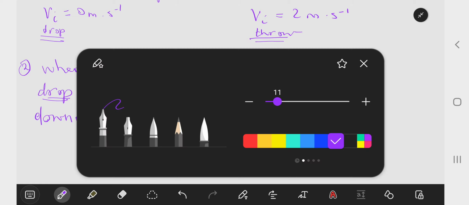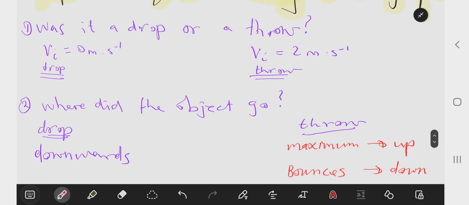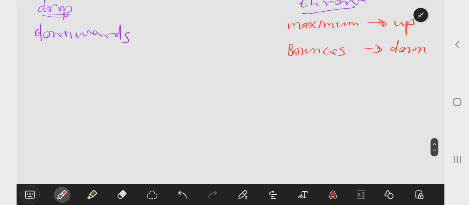But how do we actually check whether it was thrown upwards or downwards? If it reaches a maximum height first, then we can simply say it was thrown upwards. And if it bounces first, then we can simply say it was thrown downwards. And all this information you can see from the velocity time graph, okay?